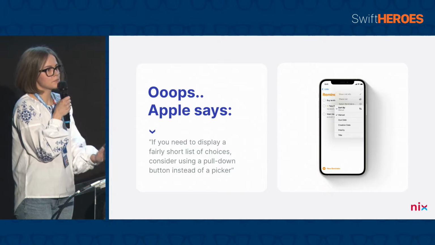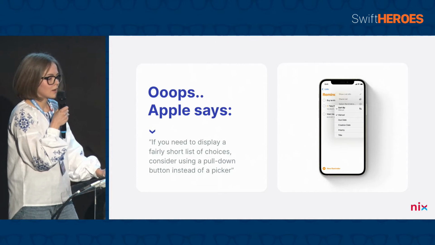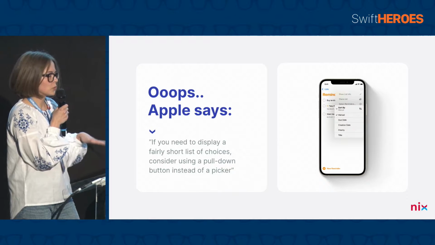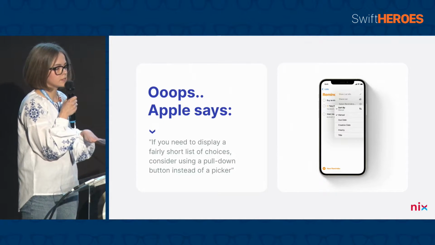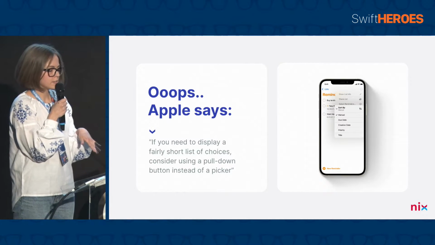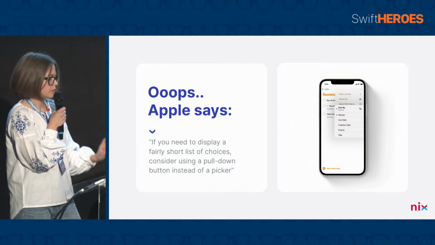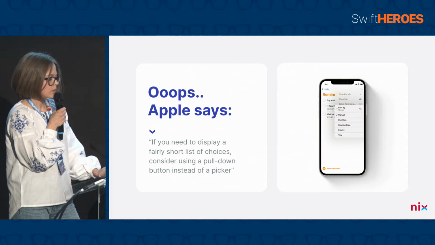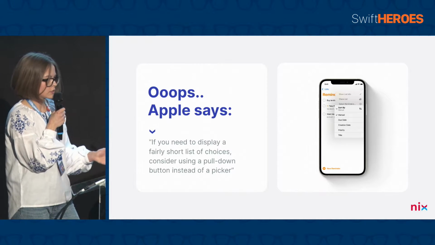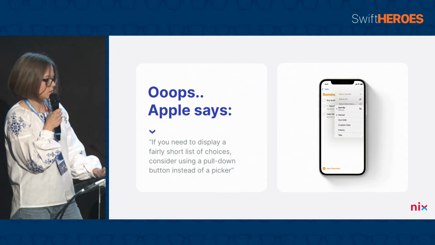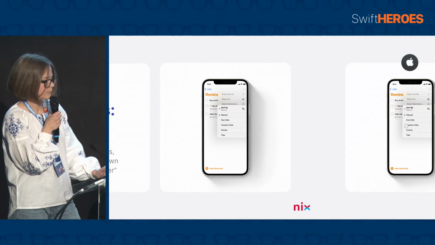So the date picker is still in iOS. You still need to use it when you have a long or medium list of items. But Apple says that in such a case, when you have limited items, you'd better use another control, which appeared in iOS since version 14.